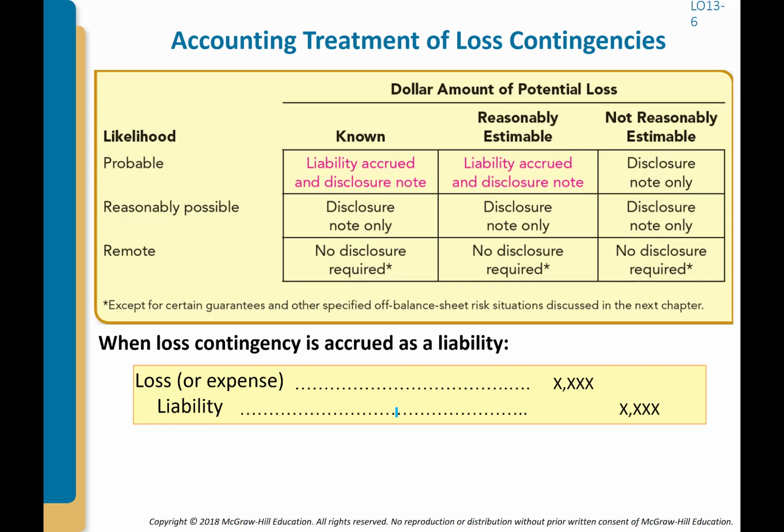They will provide a letter directly to the CPA in which they discuss any lawsuits that they consider probable to have an unfavorable outcome, and they'll literally estimate the amounts. That's one of the major pieces of evidence that the auditor would use to determine that they've gone through the due diligence to determine that it's probable.